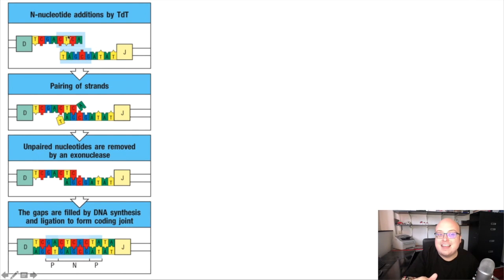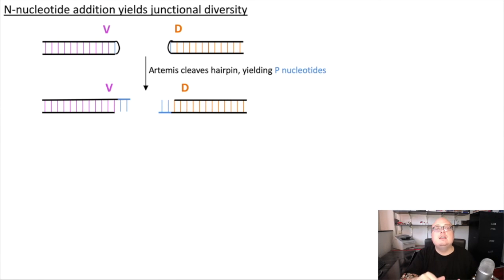Then TDT came in and added N nucleotides, and then DNA ligase and its partner came in and repaired the DNA in a way that resulted in a new junctional region between the original 2 segments, which contains both P and N nucleotides. The addition particularly of N nucleotides yields additional diversity. We call this junctional diversity, whereas before, the combination of V, D and J segments leads to what we call combinatorial diversity. P and N nucleotides result in additional junctional diversity.